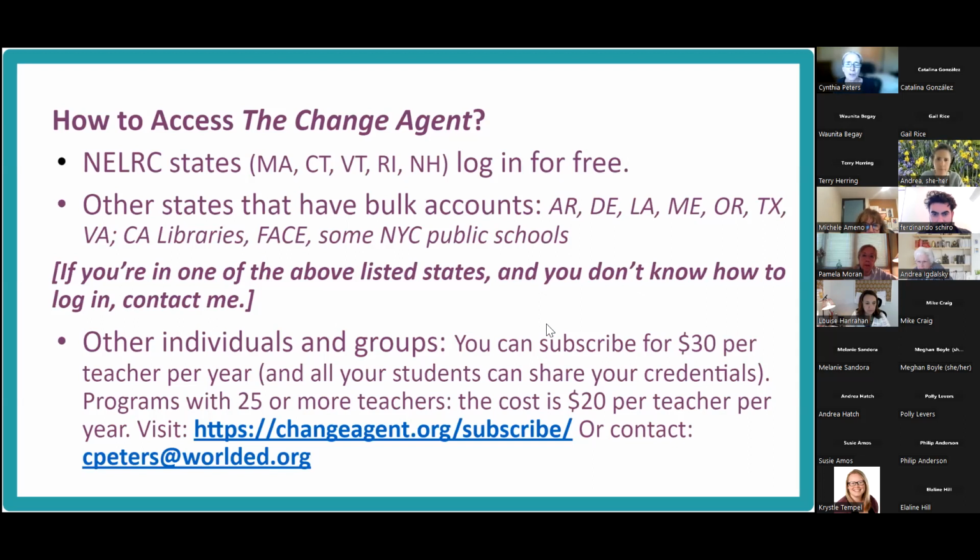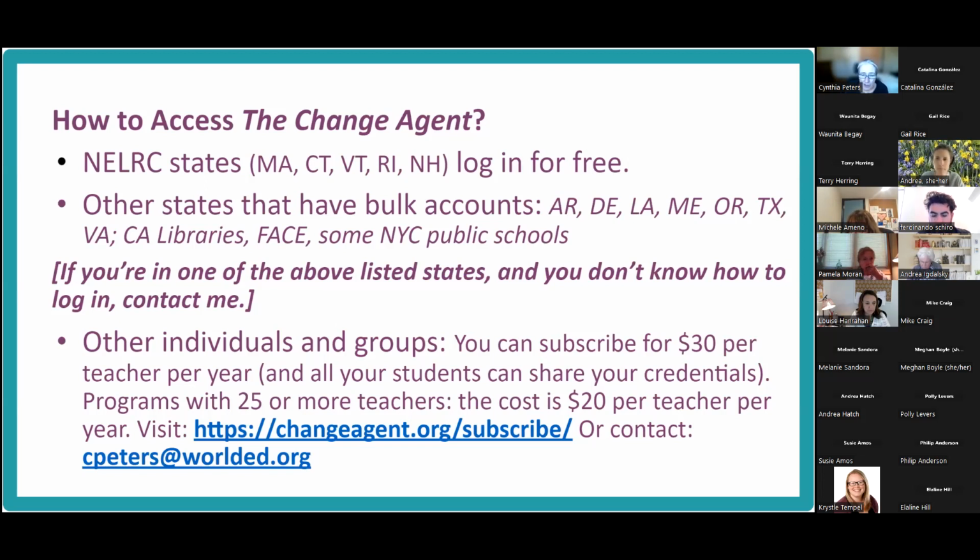I'm going to spend a little time on this slide. It looks like a lot of information, and it is, but I just want to make sure people know how to get into the change agent. So for the NELRC states, each of your states has bought a bulk subscription. You probably all know how to log in. If you don't, please hit up Catalina privately and she'll tell you. So those states are Massachusetts, Connecticut, Vermont, Rhode Island, and New Hampshire.